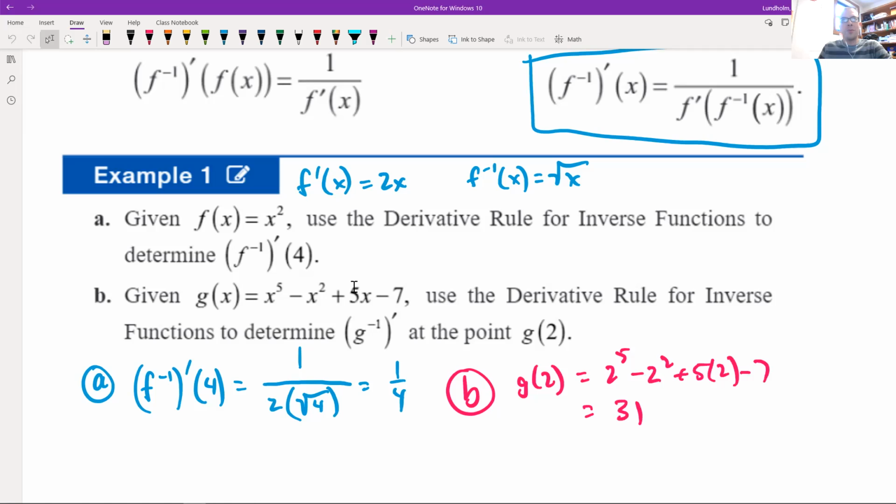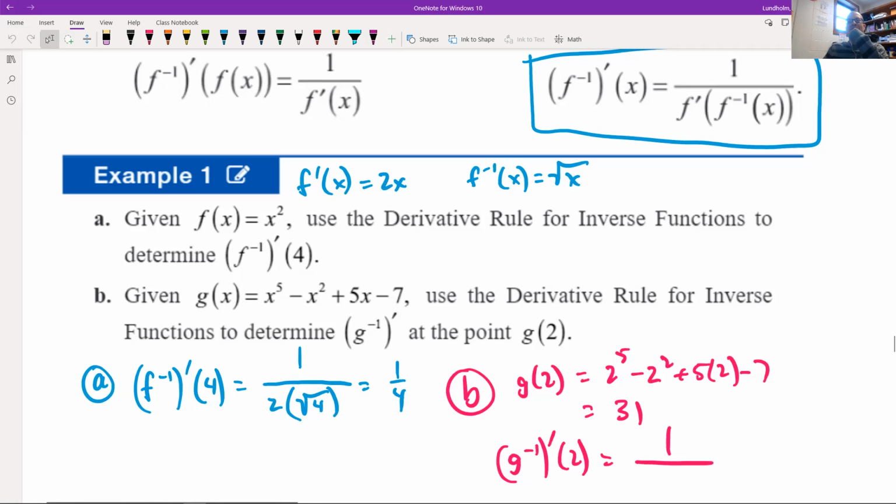And so we would be plugging in 31 into, if we wanted to find the derivative of g inverse at 2, we would have 1 over the derivative of this function evaluated at 2.